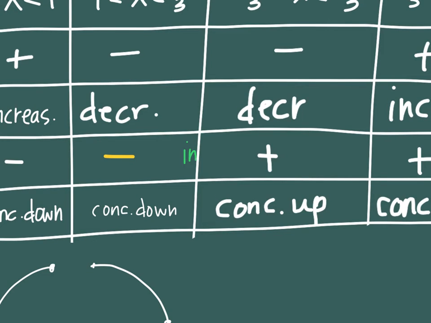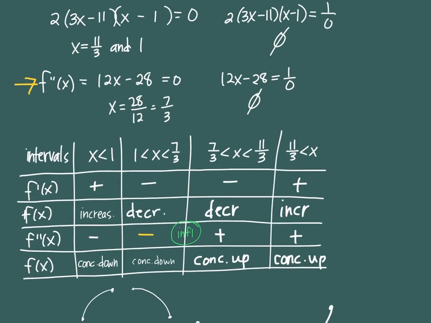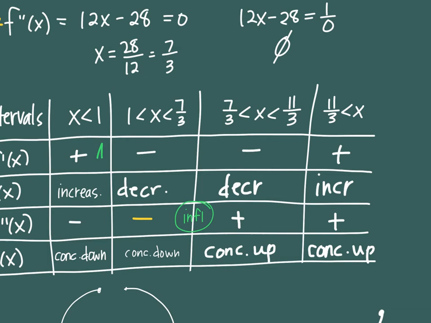So I'm going to have an inflection point right here between that negative and positive. And then I also can identify that I'm going to have a max between that negative and positive, and then I'm going to have a min between that. Both of those are local or relative maxes and mins because this function does have all real numbers as its domain, and the inflection point is at 7/3.